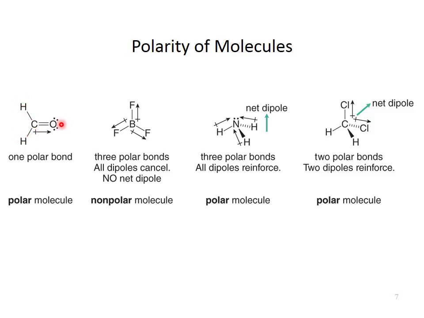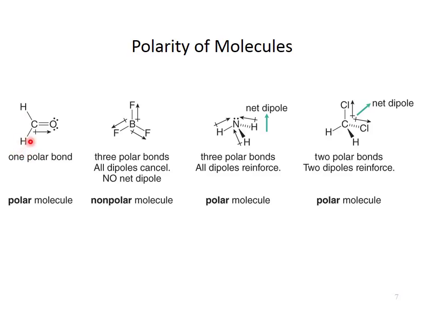But carbon and oxygen have a large difference, and this is the way that the dipole exists. Del positive on carbon, del negative on oxygen. So you would see there's a difference in the two sides of the molecule. This side of the molecule is negative, and this side of the molecule would be positive.